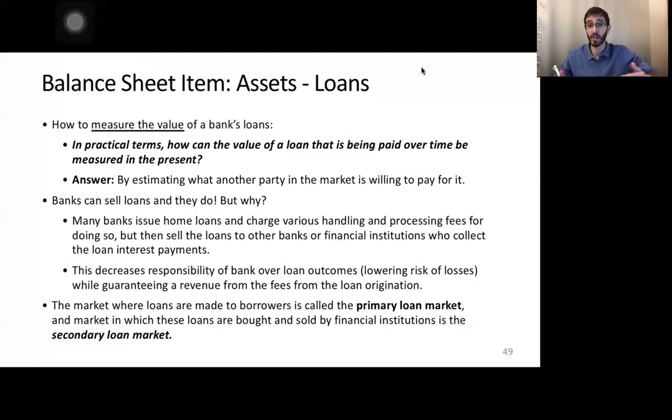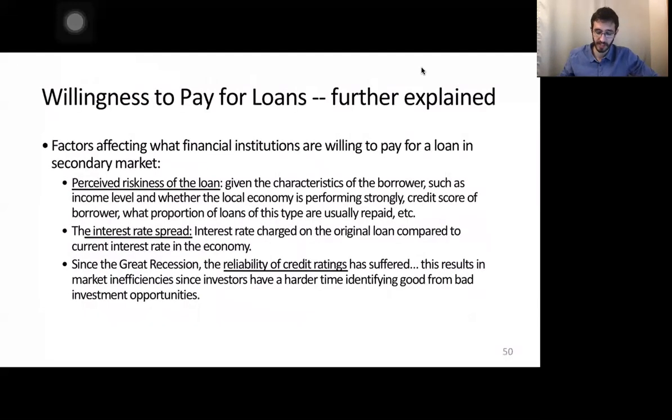In other words, the current value of a loan can definitely change over time, and that's extremely important because it can change the value of a bank's assets, which shows everything that it owns. Like I said, banks could sell those loans to make the initial fees and then get rid of them from their balance sheet, so they don't have to deal with the borrower.